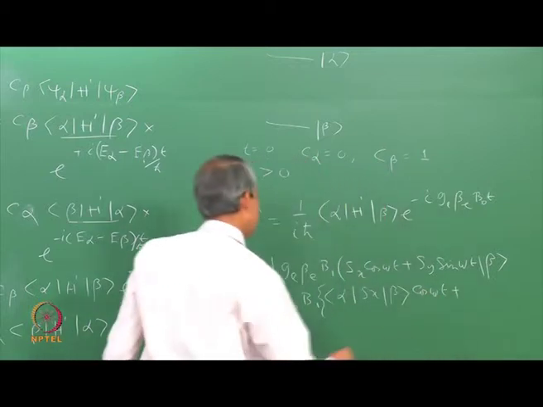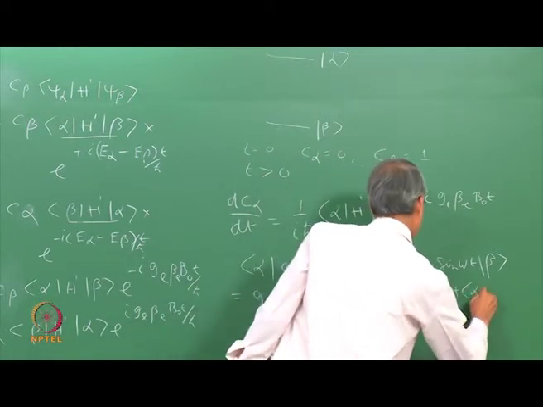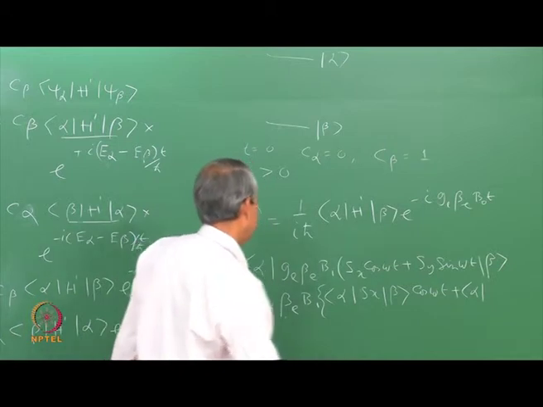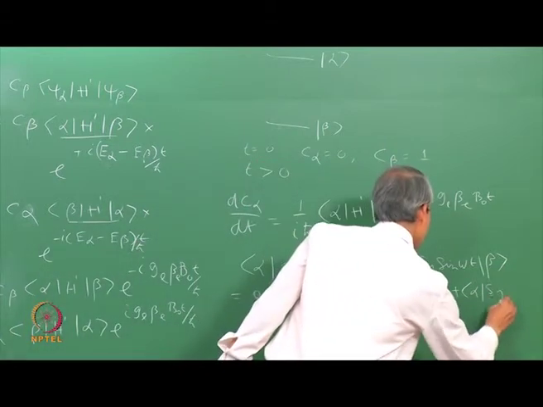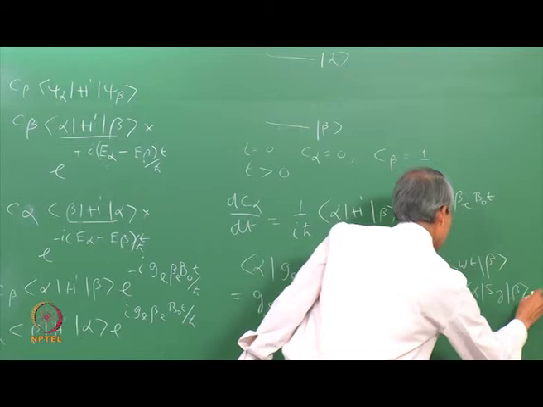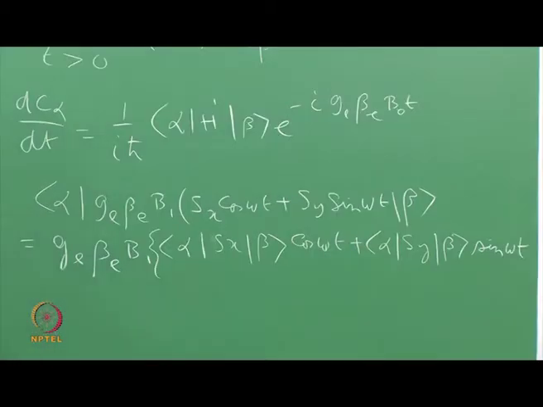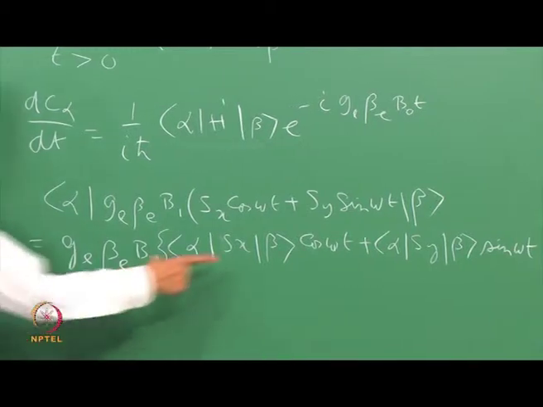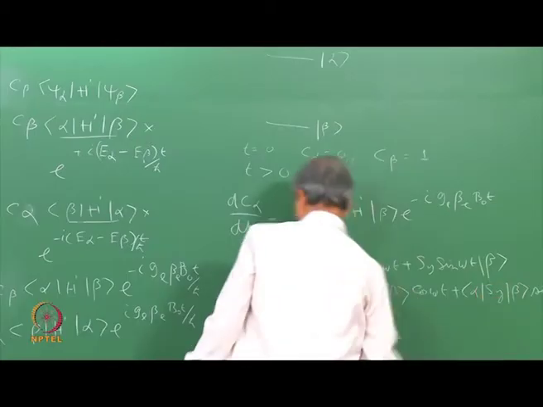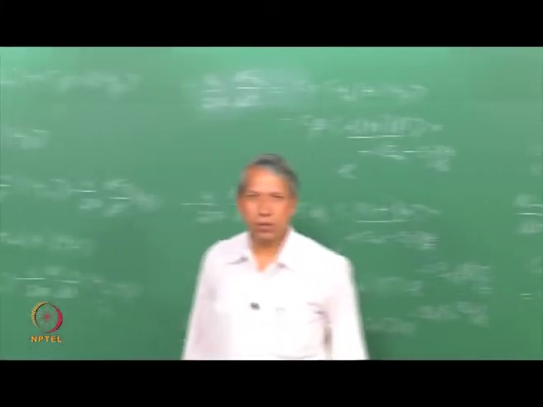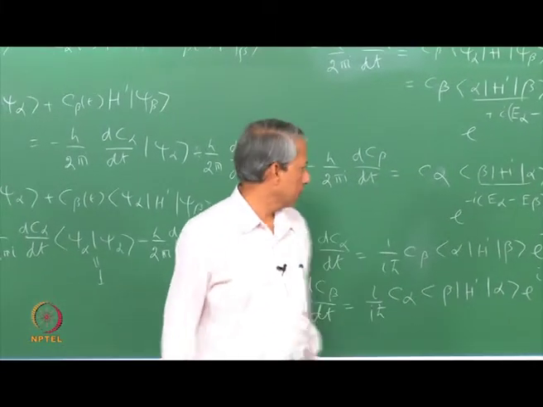cosine omega t plus sin omega t. To evaluate this integral, we can make use of the raising or lowering operators, S plus and S minus.